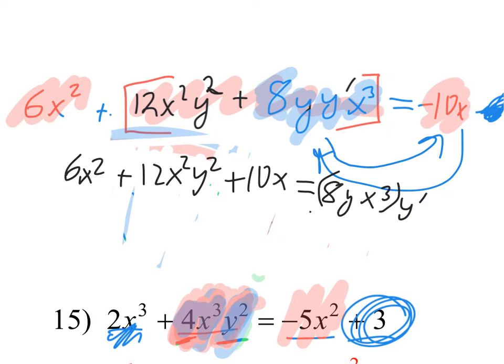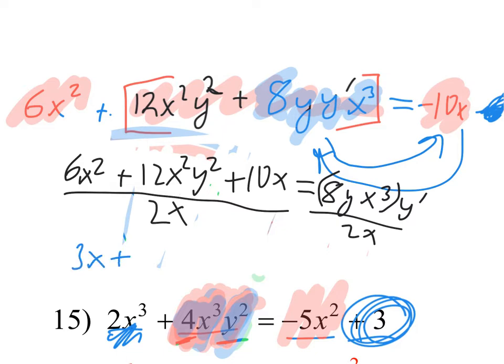A few things I'm going to do real quick is divide both sides by 2. I was going to divide both sides by x. So that's going to make some stuff look better. This is going to end up being 3x plus, and I think that's an 8. That's an 8x, no, 6.